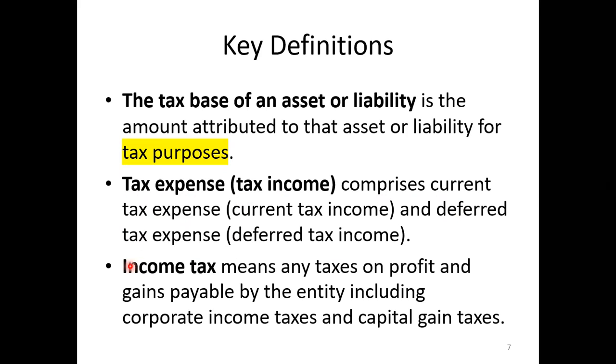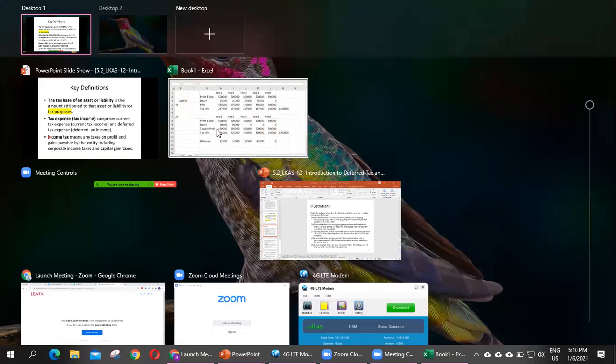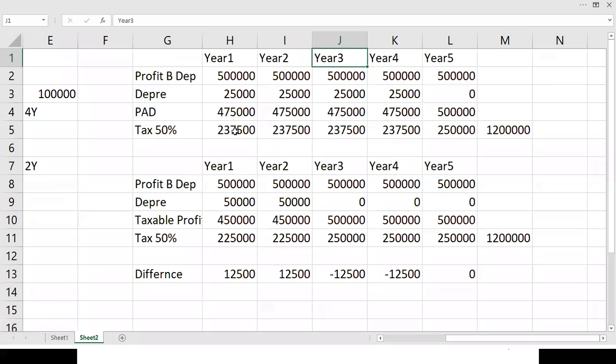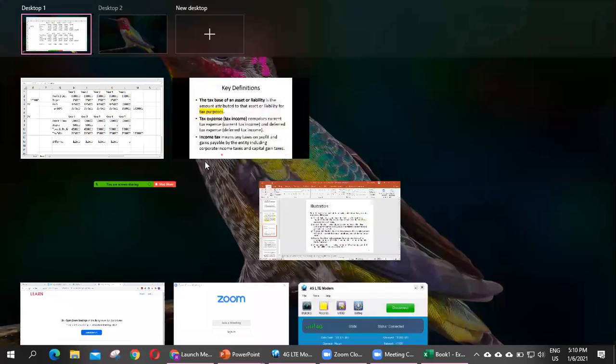The tax expense includes both. Here in this example, deferred tax based on the accounting rules, they estimated 237,500, but the actual amount is this value, 225. So this amount equals current tax plus deferred tax, right?